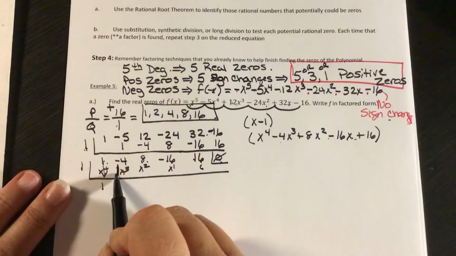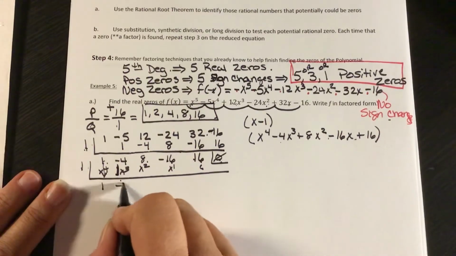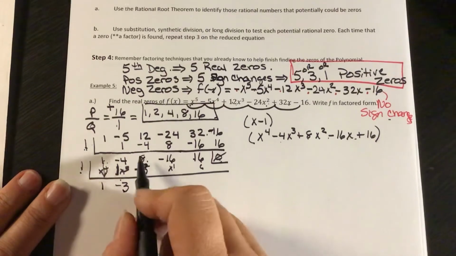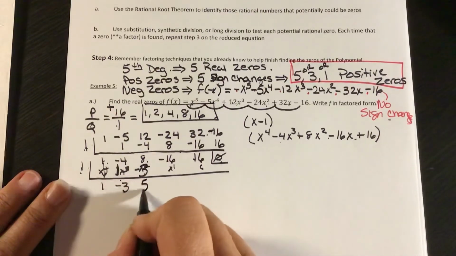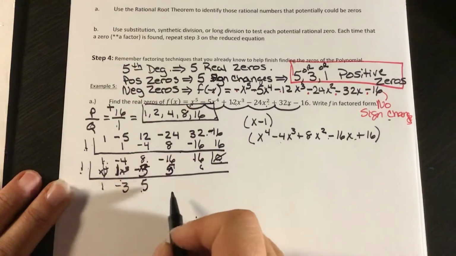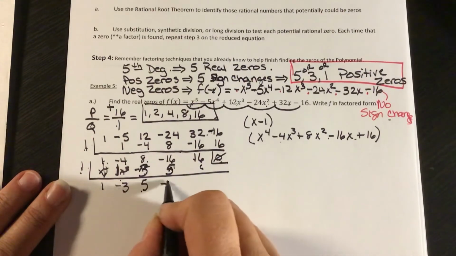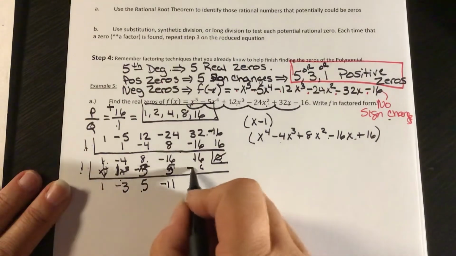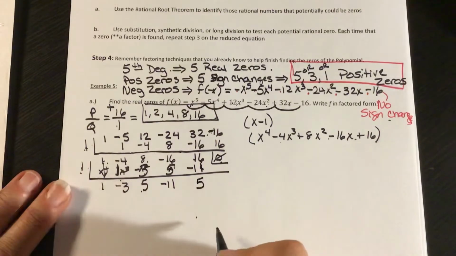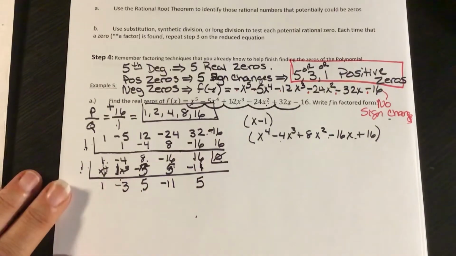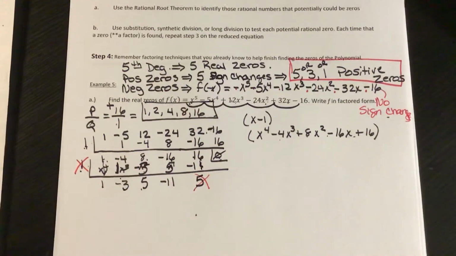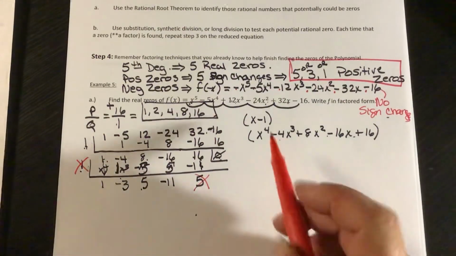Negative 4 plus 1 is negative 3. 1 times negative 3 is negative 3. 8 plus negative 3 is 5. 1 times 5 is 5. Negative 16 plus 5 is negative 11. 1 times negative 11, add down, I get 5. So my remainder is not 0, and I won't have another factor of x minus 1.